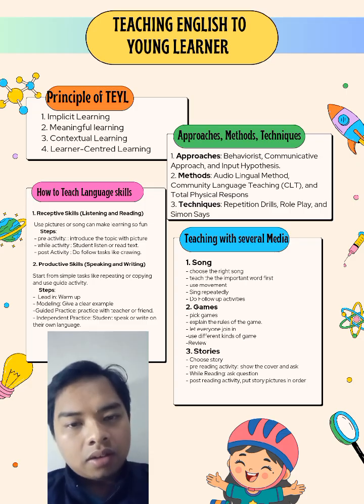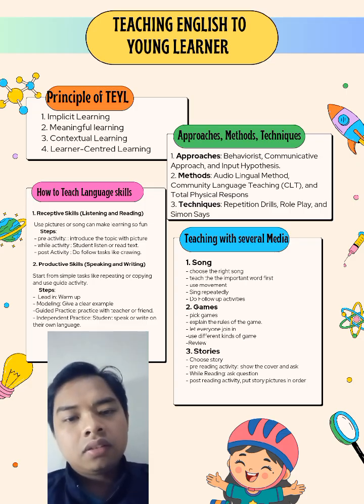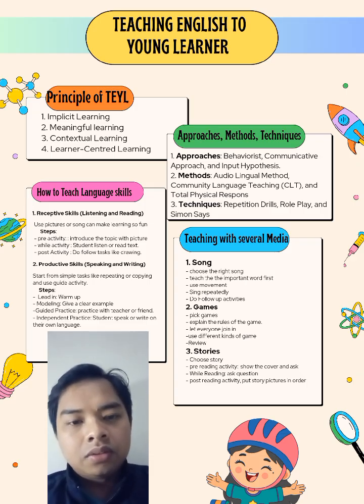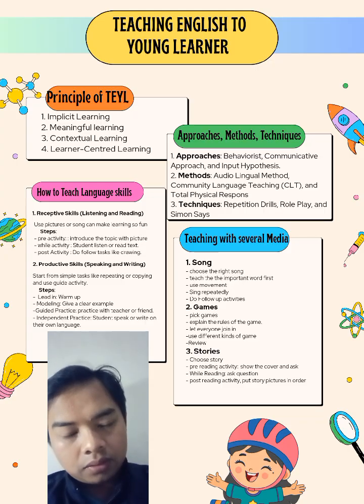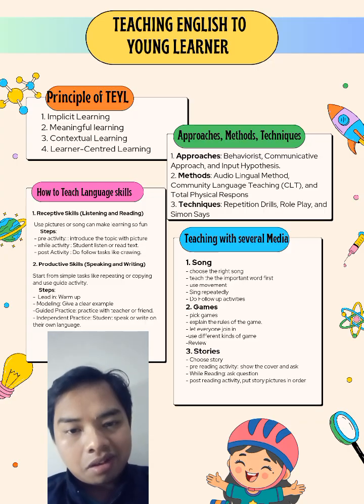Now, while activity, let student listen to a story or read a short text, and ask them to find the main idea or small details, like number, games, or anything. Post activity.